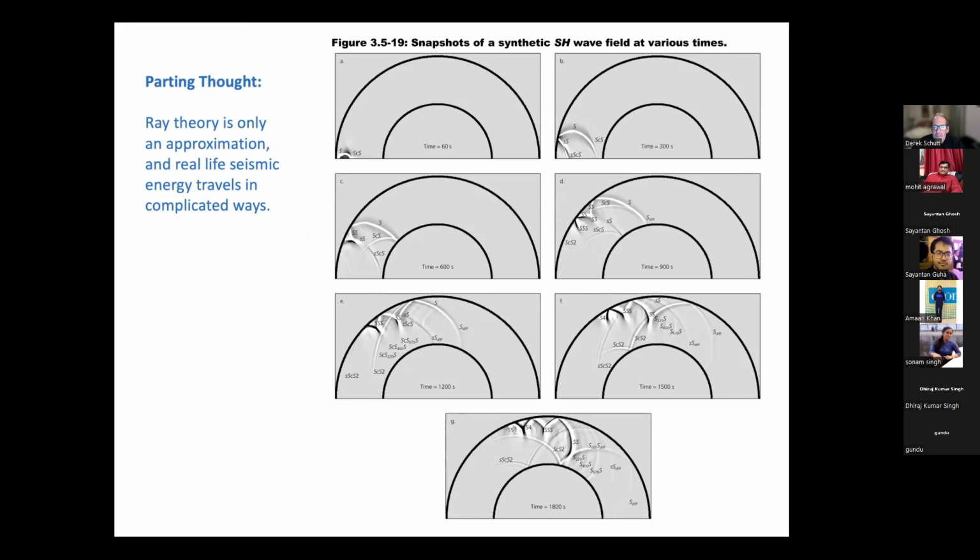So ray theory is only an approximation, and this shows a simulation of S waves. And you can see as I go from time equals 60 seconds to time equals 900 seconds, the wave field is actually kind of complicated. And we can identify a ray with each of these phases. But you can see that things are fairly complicated.